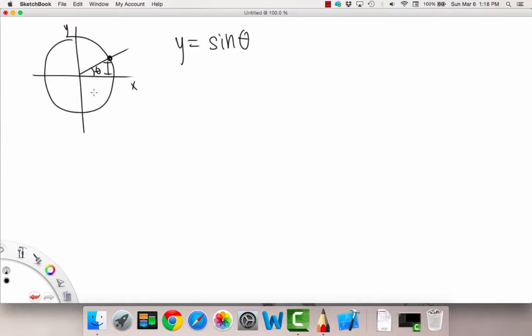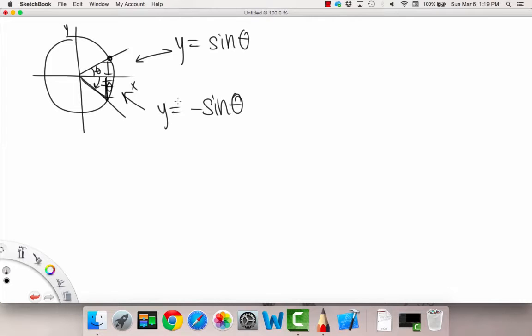Now what if we were to take the angle negative theta? That just means you rotate the same amount of degrees or radians, but in the opposite direction. Then we would just get the negative of that. So this y value would be given by negative sine theta.